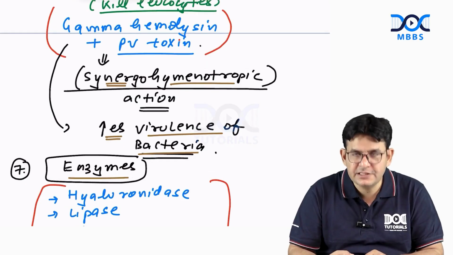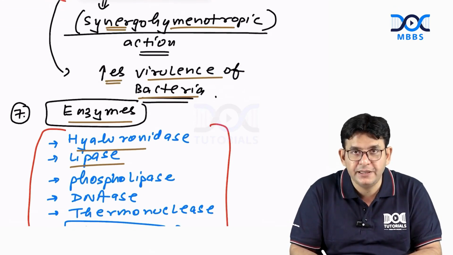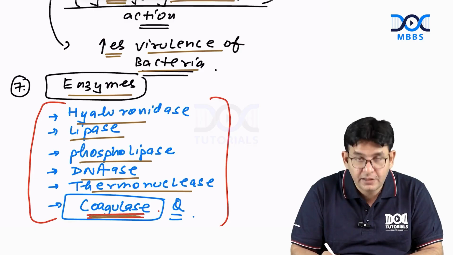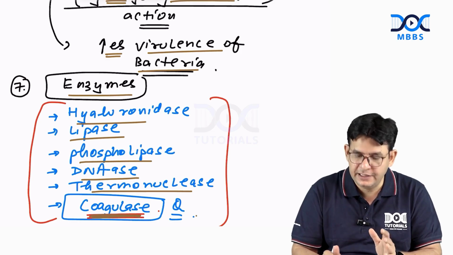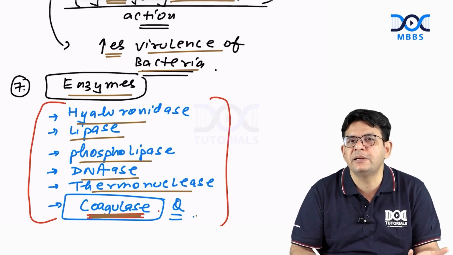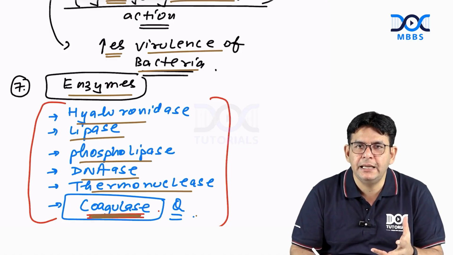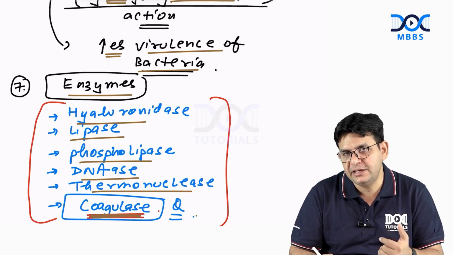Then the various enzymes like hyaluronidase, lipase, phospholipase, DNase, thermonuclease, and even coagulase are the ones primarily involved in the virulence of the bacteria. Among them, if somebody asks for the most important enzyme, no doubt it is coagulase, because of which Staph aureus has pathogenicity mainly.